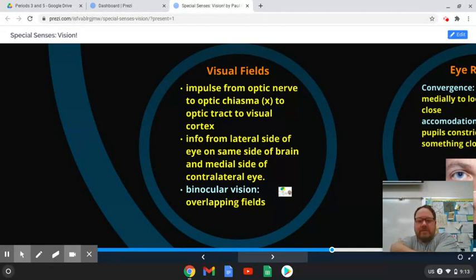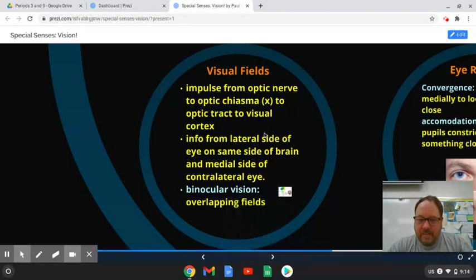So we have these two slightly different images, and what will happen is that some of the wires crisscross as the axons travel to the back of your eye. Don't worry about jotting down all that information. Just know that you have the retina that detects the light, that causes action potentials, and then axons ultimately carry that signal to your visual cortex where you perceive what you see. When that happens, some of the wires cross and some of them don't.